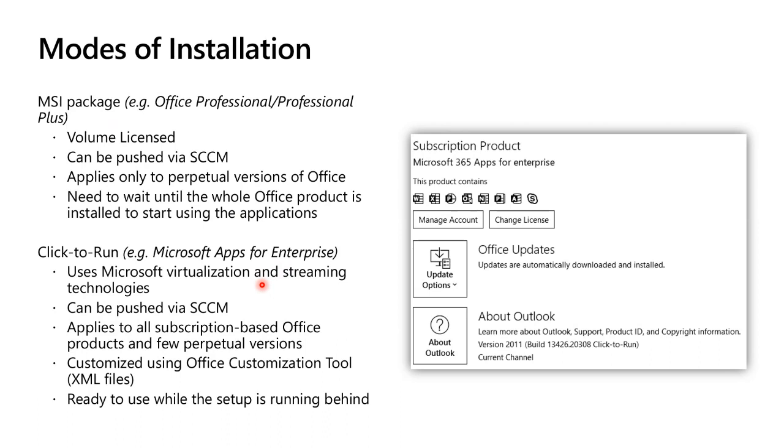So we recommend using ODT when it comes to deploying Office. And apart from SCCM, you can also use the Office customization tool along with ODT, and group policy can also be utilized in order to push these templates, XML files on all the machines.